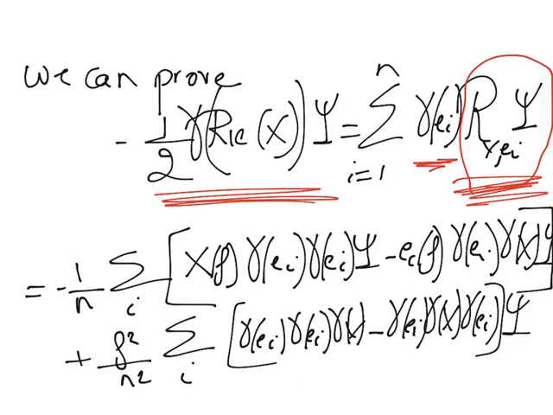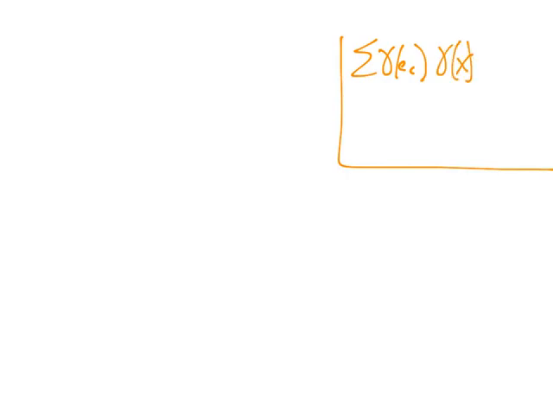we can use the fact that gamma e_i squared is minus 1, and also we can use the fact that sum gamma e_i gamma x gamma e_i is, so using the fact, I'm going to write it here, it's a simple calculation using the property of the Clifford multiplication, is n minus 2 gamma x.